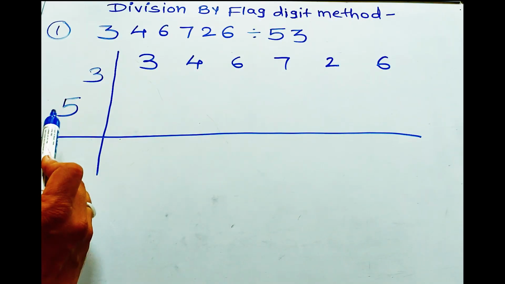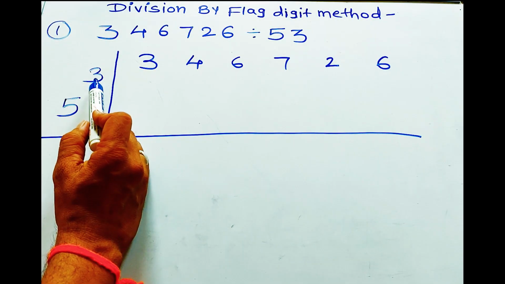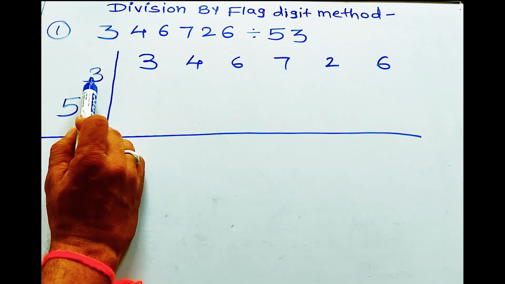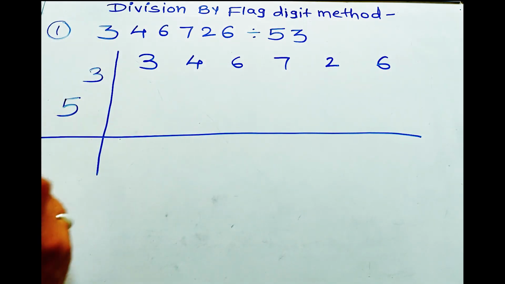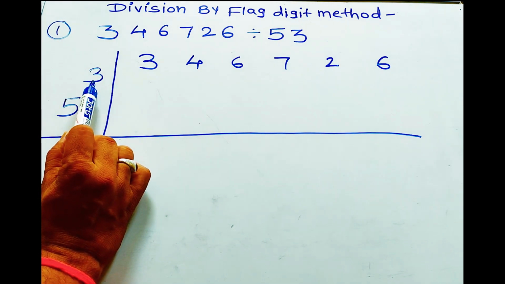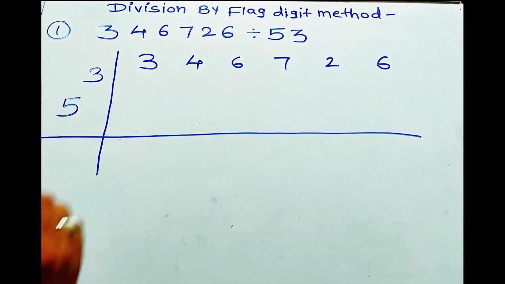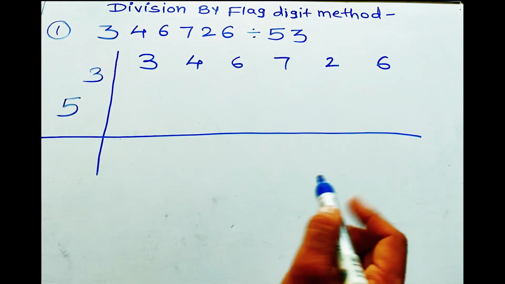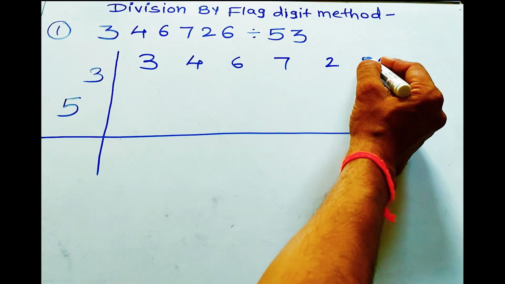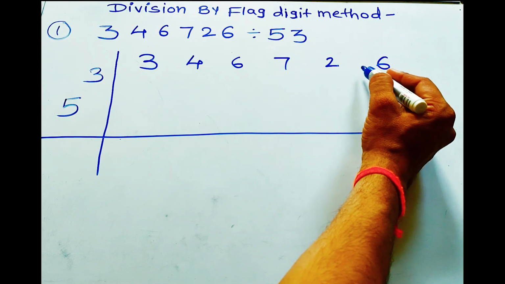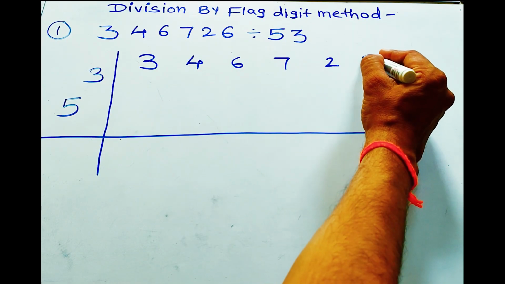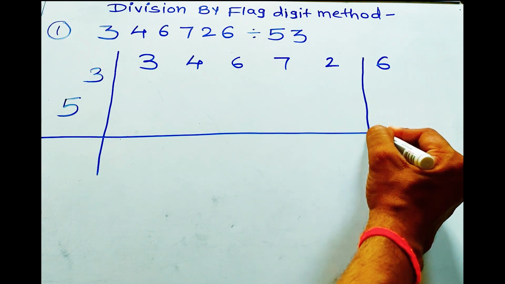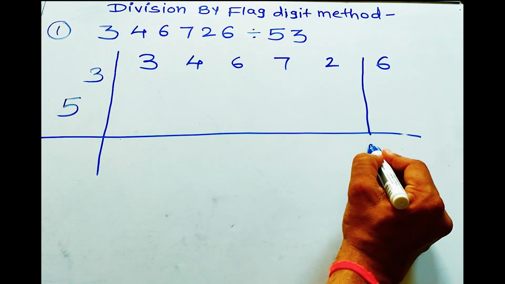Here 5 is the base and 3 is the flag digit. In the flag digit there is 3, that means a single digit. So we draw a line in the dividend after one digit, before 6. It stands for our decimal.